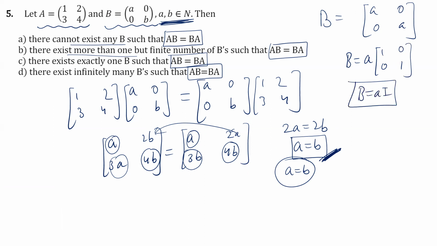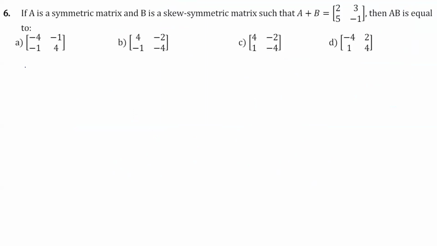Now this A is a natural number, so with changing A, B will also be changing. So you can have infinitely many values for A and B equals AI. So there will be infinitely many B's such that AB equals BA. Okay. So D will be the correct option. Let's move to the next question.